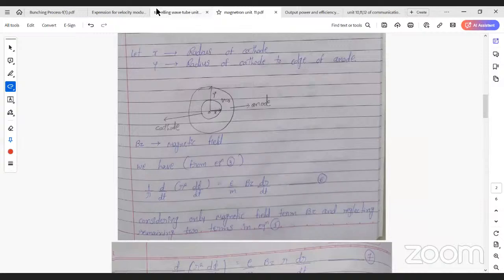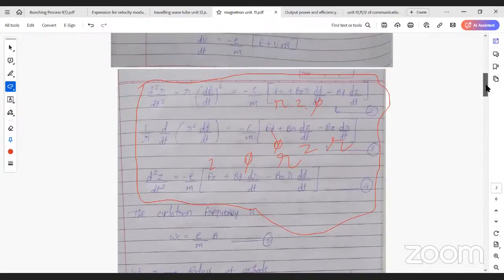From the second equation, I am simplifying this one. What is the second equation we have? 1 by r d by dt of r square d phi by dt is equal to, I am making this term 0 and this term 0, only concentrating on this term. So now I am writing the equation.